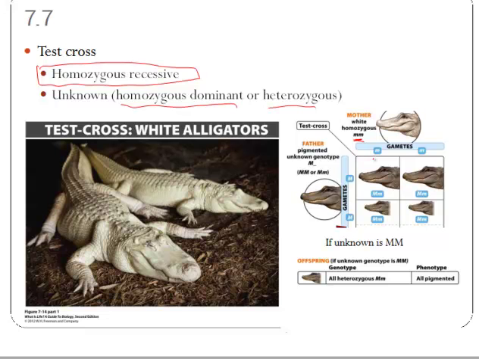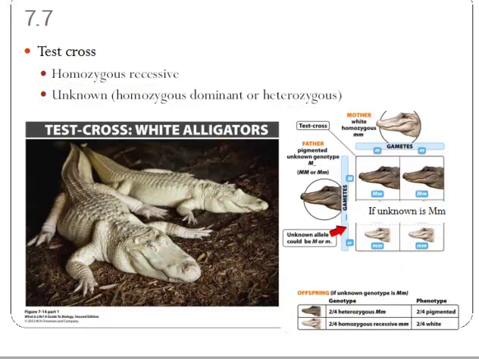We cross them, and if the father over here has 2 capital M's, when we cross it, all of the offspring will get a capital M from dad, and all of the offspring will get a lowercase m from mom. So all of them will be heterozygous, and they'll all be pigmented. So none of them will be white alligators.